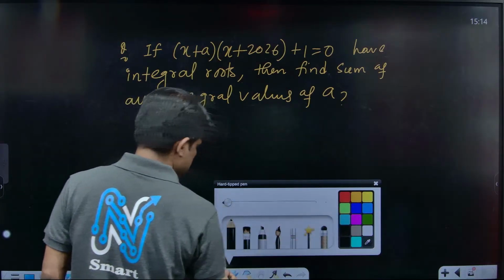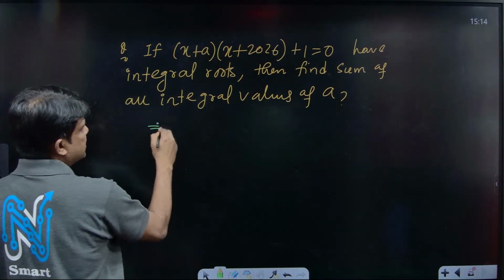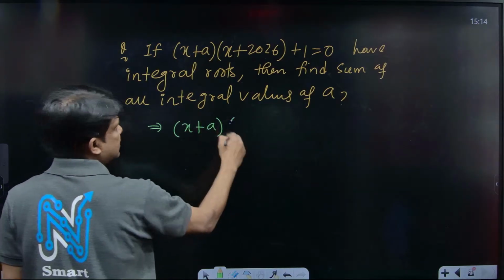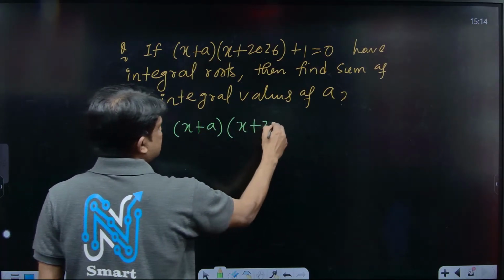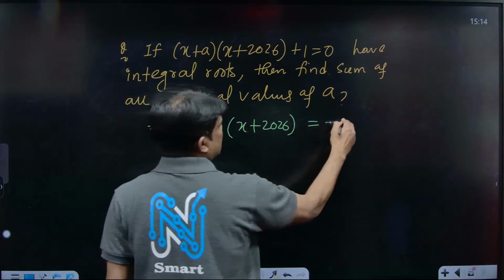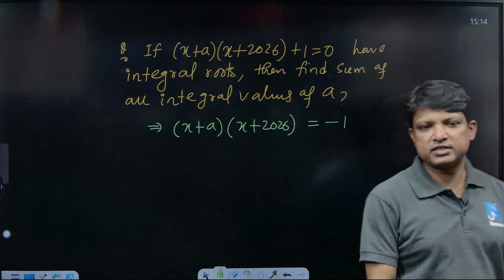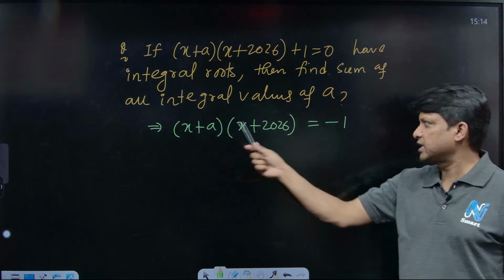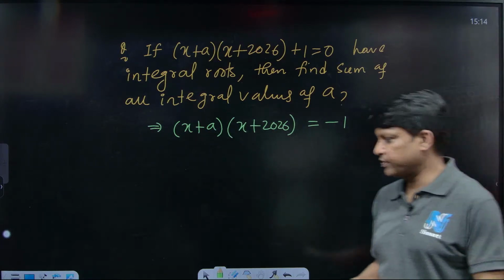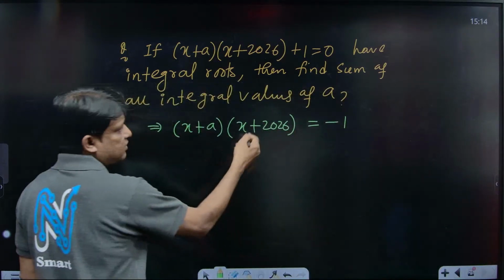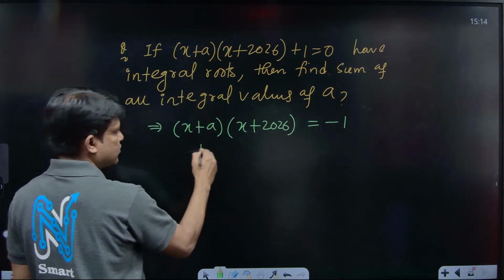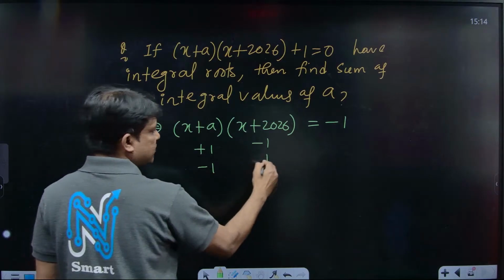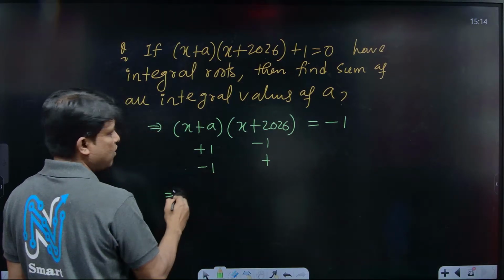Instead, the product of two integers equals minus 1: x plus a is an integer, x plus 2026 is also an integer, and their product is minus 1. So one should be 1 and the other minus 1, and vice versa. From that we will get all values of a.